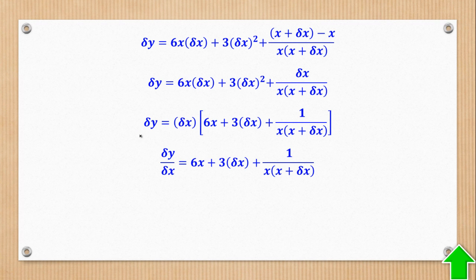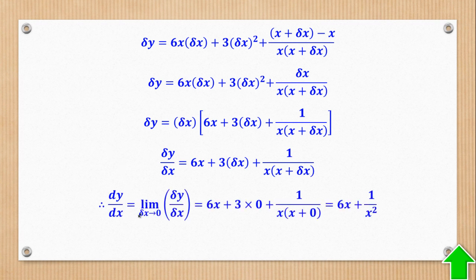After succeeding to get this, next is to remember the definition for dy dx, which is equal to limit as small change in x tends to 0 of this. So that means that where there is small change in x, you put there 0. And you simplify. So this is here. The whole of this has become 0. And here we shall remain with x squared as the denominator. And that's what they wanted.